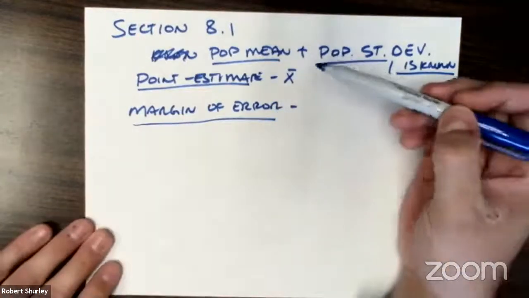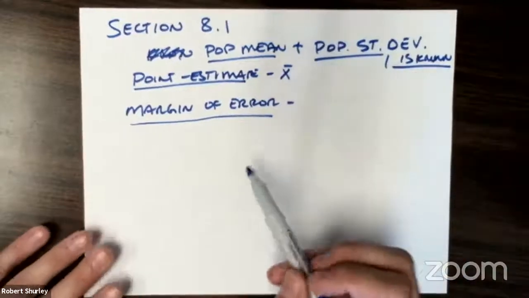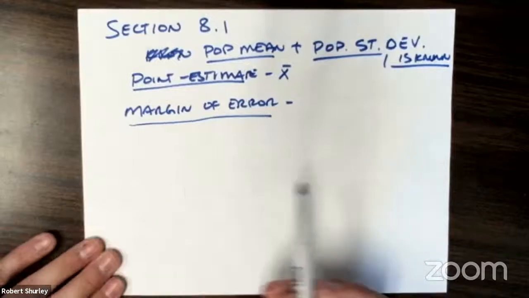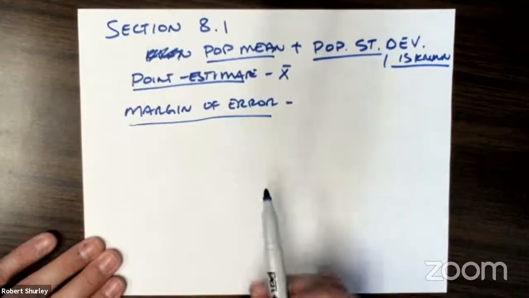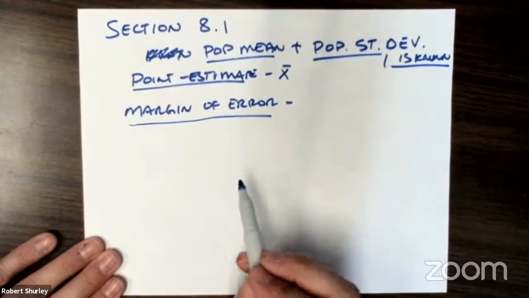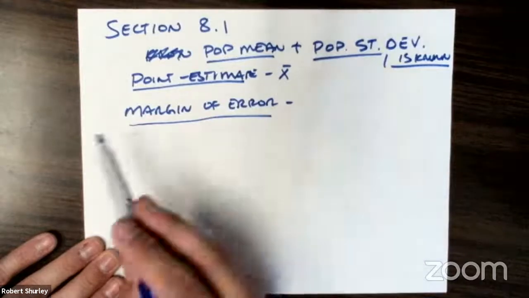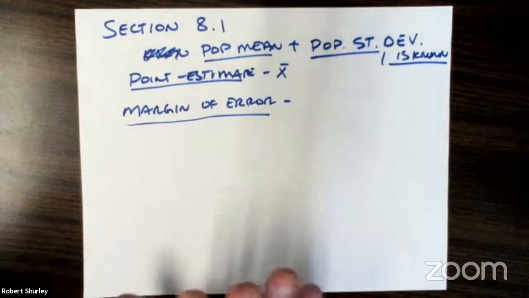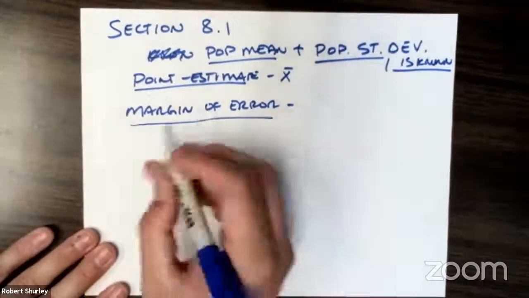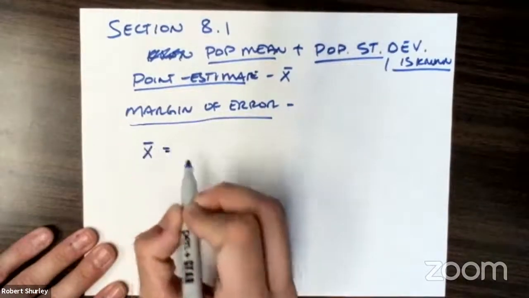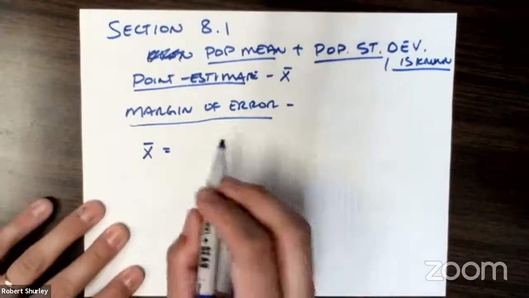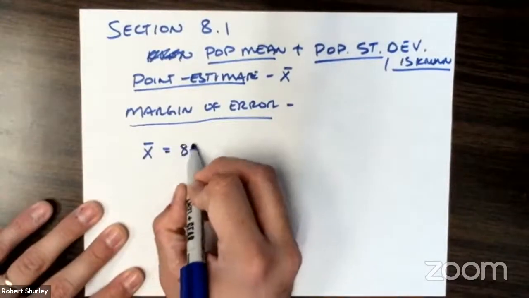But realize we're going to take our point estimate X bar. We're going to add some numbers above and below, and it's going to give us an interval. Now, that gap above and below the X bar is considered your margin of error, okay? Let's just look at an example here. Let's say we take a sample and the average test score is 85.